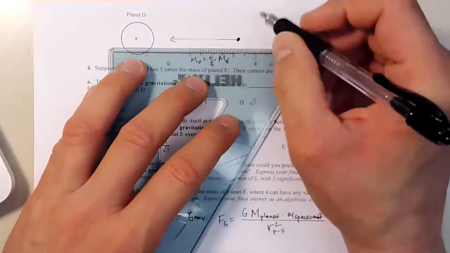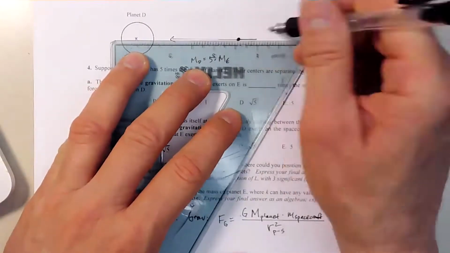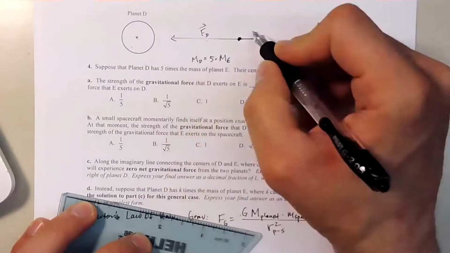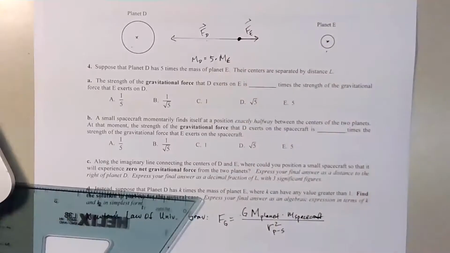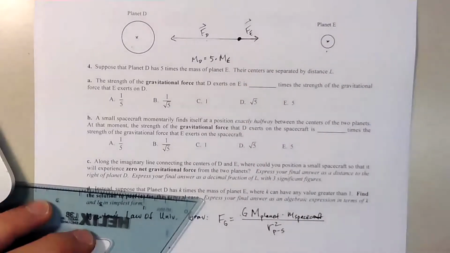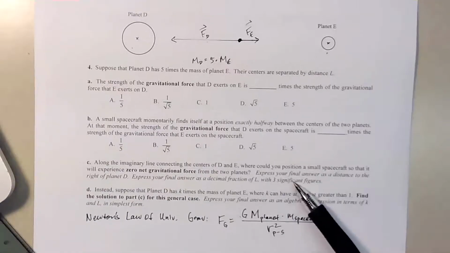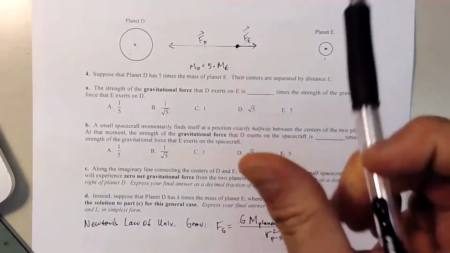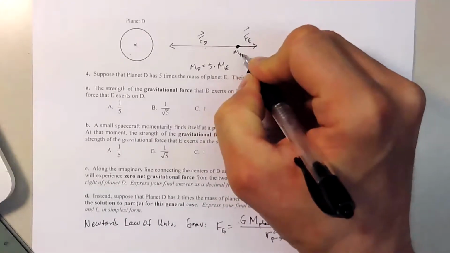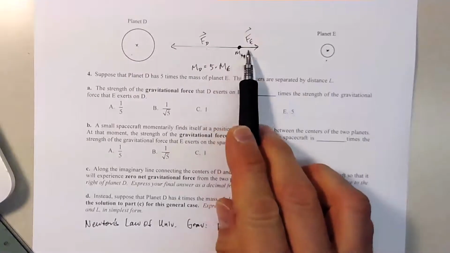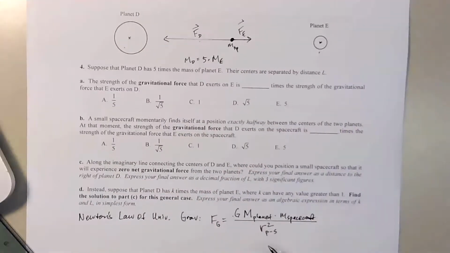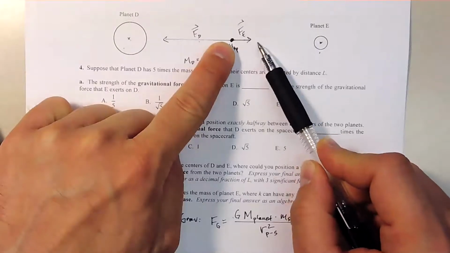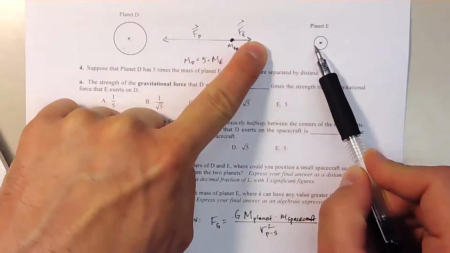So if this is our little spacecraft, which I'm just going to draw as a dot, then planet D would exert a force that's 5 times as large as planet E would. Okay. So the question that parts C and D are asking is, it would stand to reason that if I move the little spacecraft closer and closer to planet E, first of all, we know that the strength of the force from planet E would grow as we get closer and closer to it.